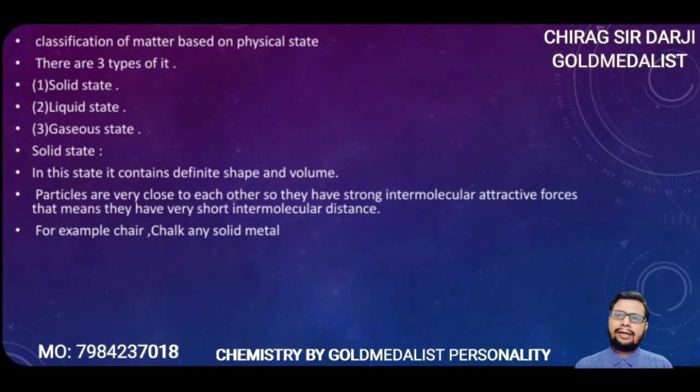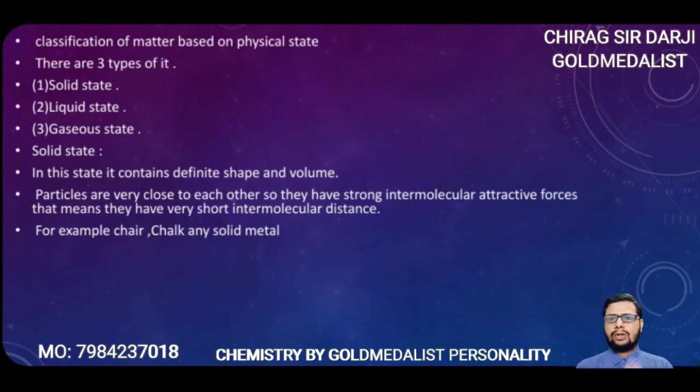And based on chemical characteristics, it has two parts: pure substances and mixture. Pure substances have two further parts, that is element and compound, whereas mixture has two further parts, that is homogeneous mixture and heterogeneous mixture. Now first we are going to discuss the classification of matter based on physical states.